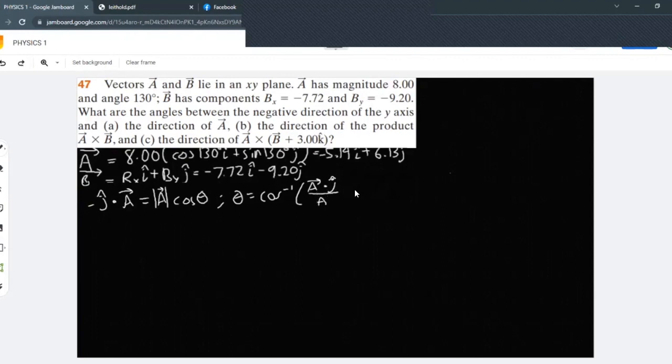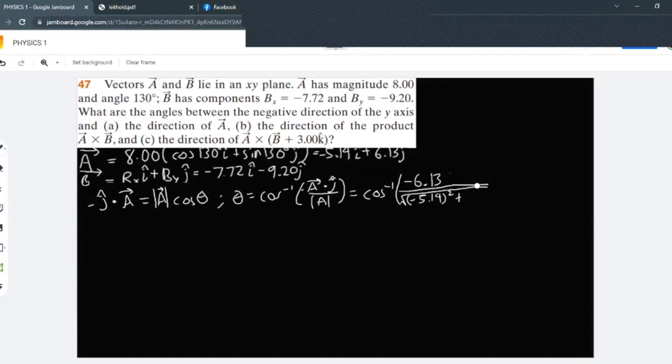Teka, yung negative sign, wala. Magnitude niyan is 8, which you can see from inspection.